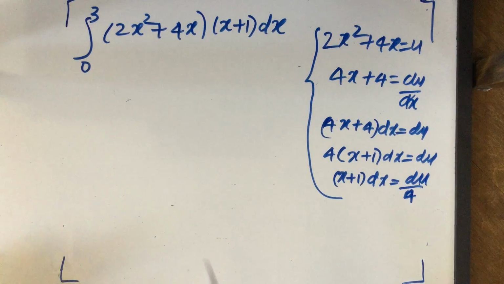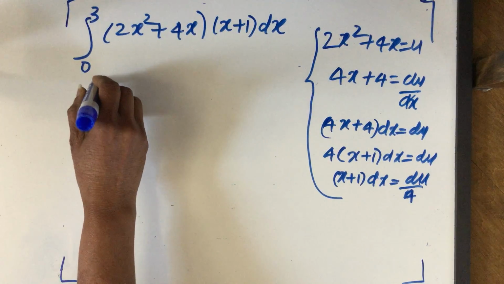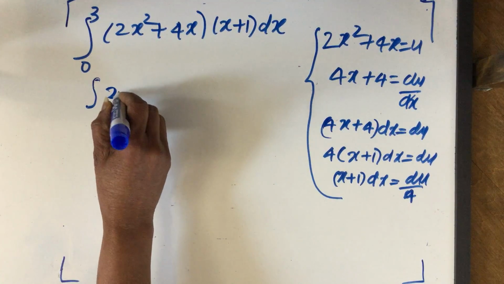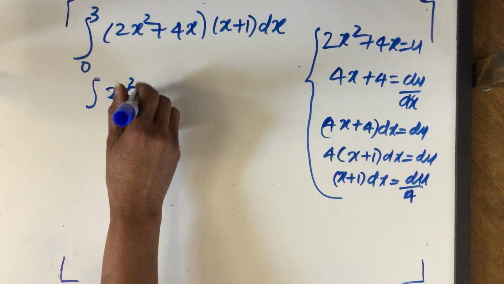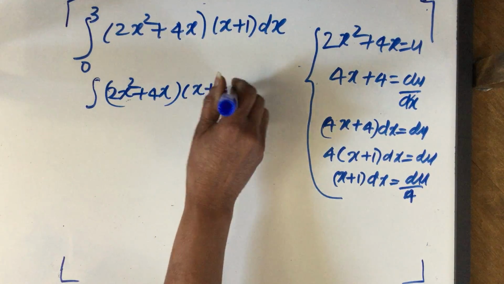So now this is the substitution I did. You can also do it the other way, but if the power is 2, we could do it this way. So now we are going to do it without the limit of integration, which is 2x square plus 4x, then x plus 1 dx.